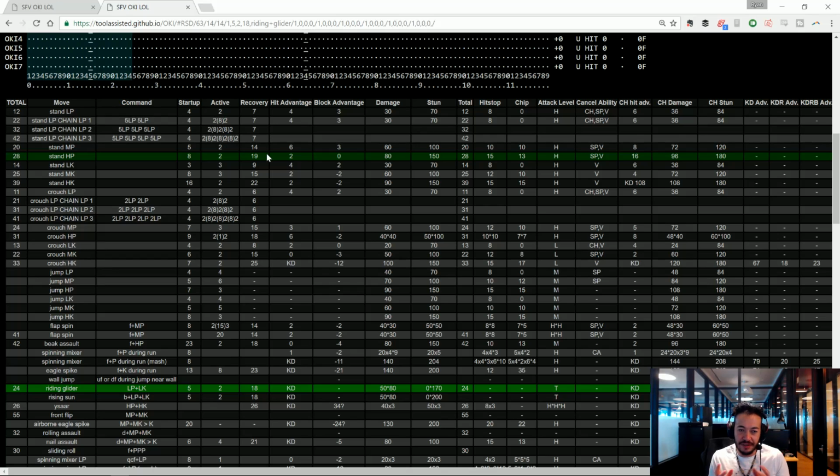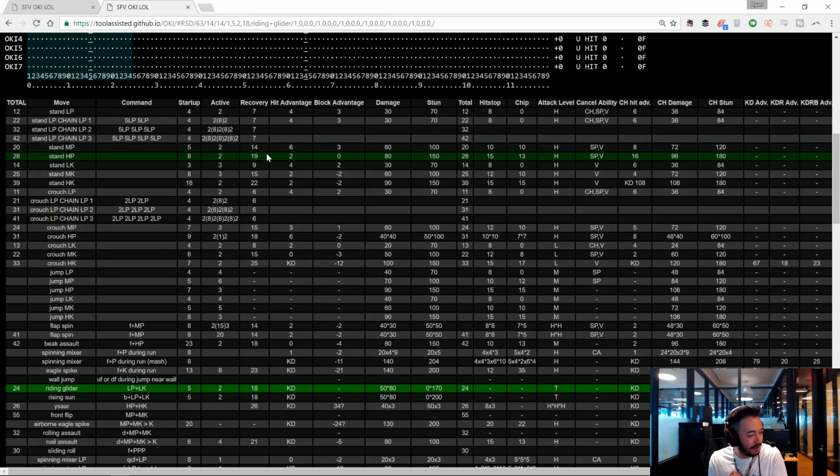The fastest normals, Ryu's standing light punch, Nikali's light punch, are all 3 frames. The reason why plus two is important is because if we have a move that's plus two, there's only a 3 frame gap between the move and the throw.